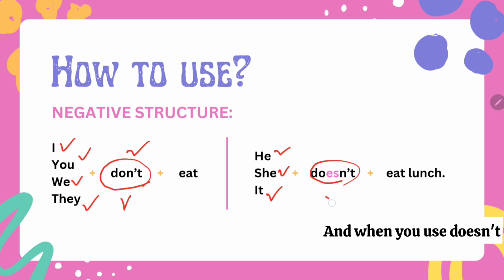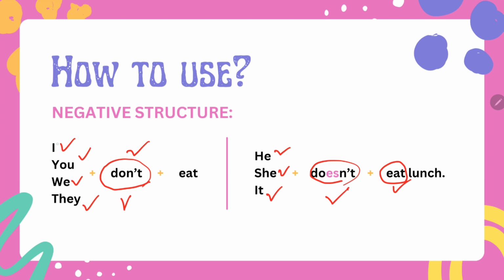And when you use doesn't, don't use any s, es or ies with the verb. So I don't eat. You don't eat. We don't eat. They don't eat. When it comes to he, she, it: he doesn't eat lunch. She doesn't eat lunch. It doesn't eat lunch.